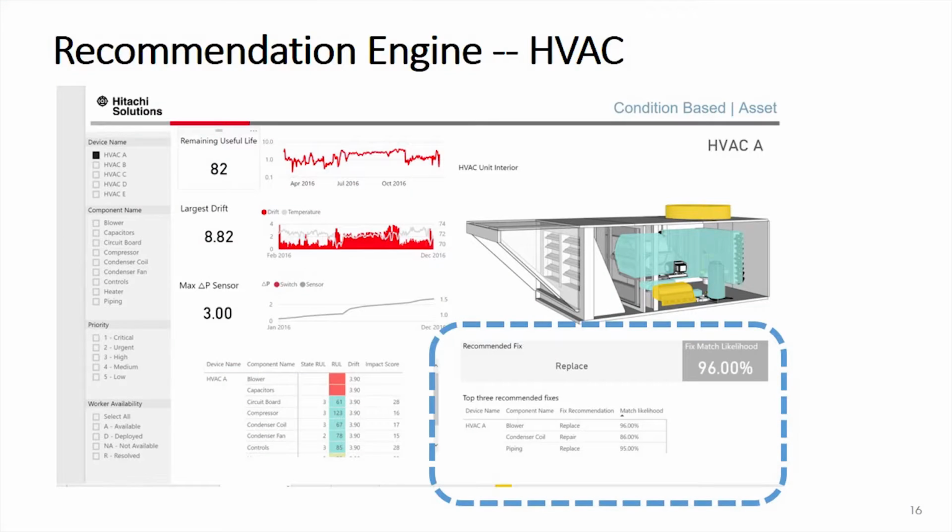Yeah. So this was from the example of that HVAC that we talked about a little bit earlier. The main thing I wanted to point out here was that part of this was the recommendations model: for this type of failure, here are the recommended fixes, and here are the parts that you might want and the likelihood that this is the part or the problem.